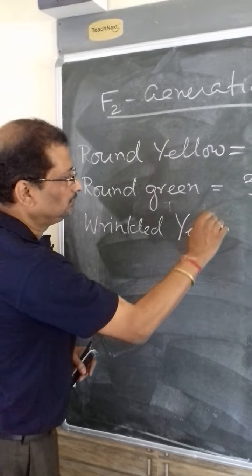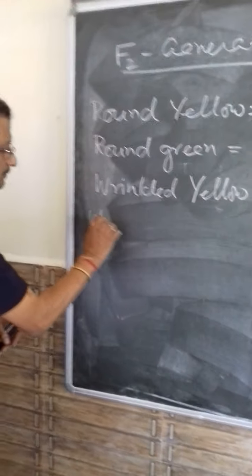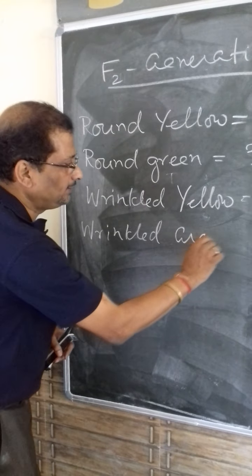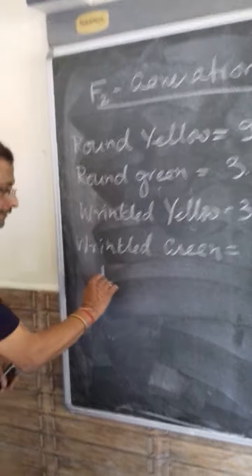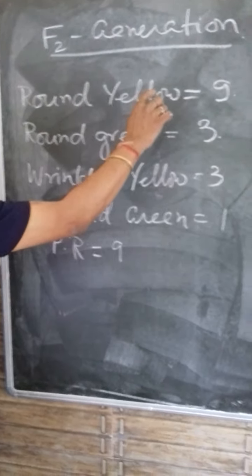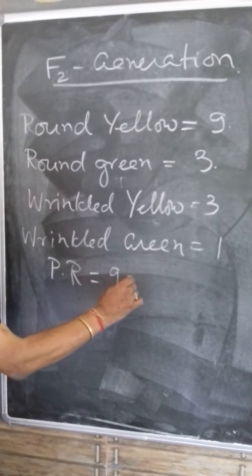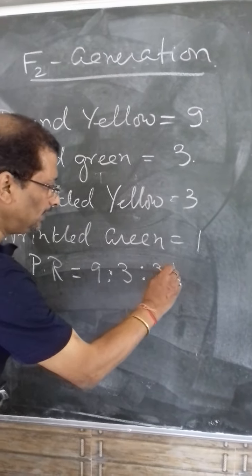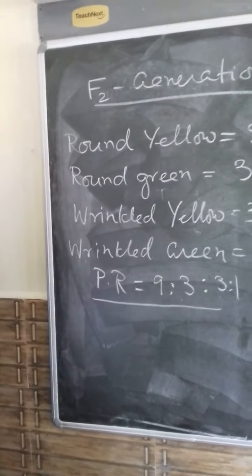Wrinkled yellow, that will be 3. Wrinkled green, that is 1. So that means the phenotypic ratio is round yellow is to round green is to wrinkled yellow is to wrinkled green is equal to 9:3:3:1. Now this is what we call the phenotypic ratio of a dihybrid cross.